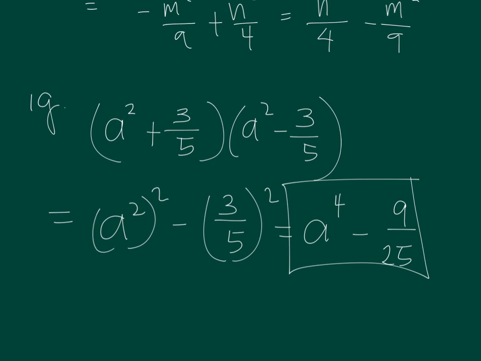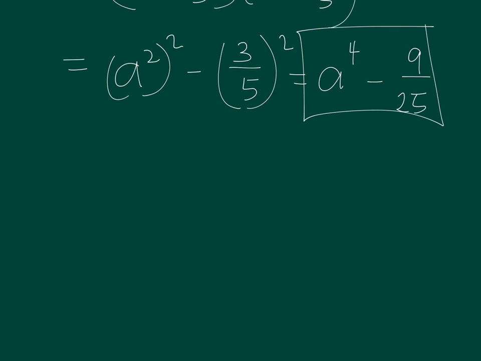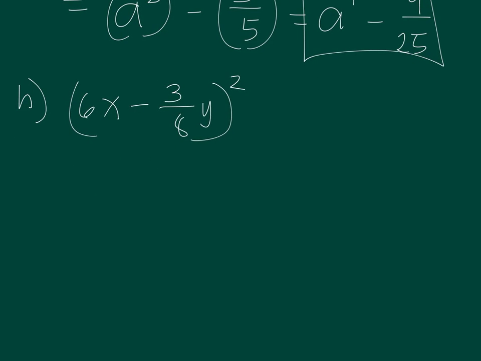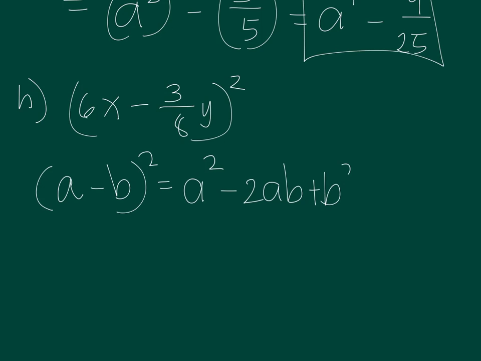Okay? And then in letter H, you have 6x minus 3 over 8y, and then you raise it to 2. So this expression follows the form of a minus b squared. So this is a squared minus 2ab plus b squared.